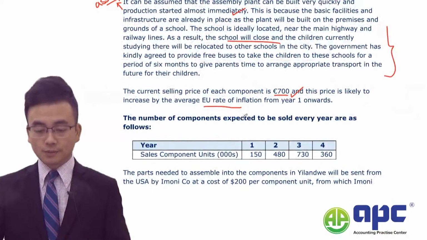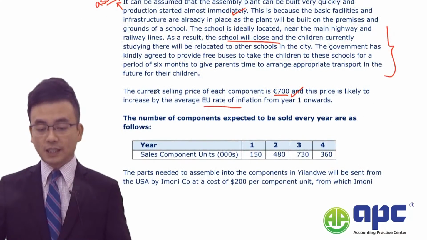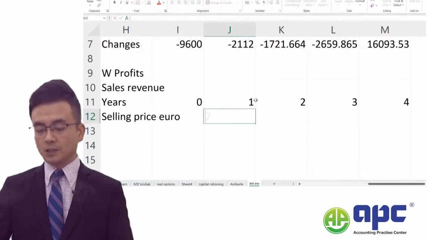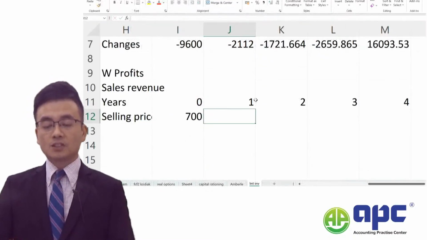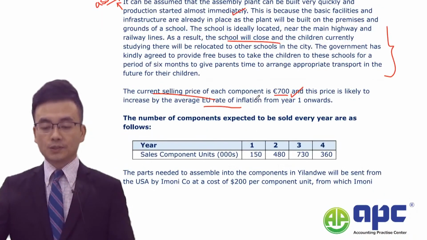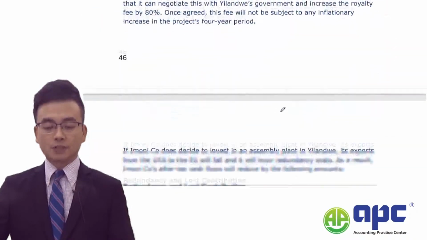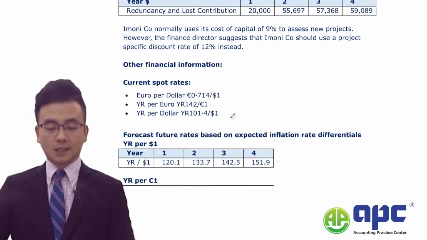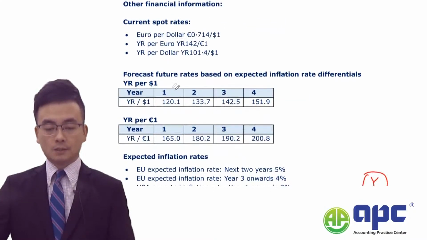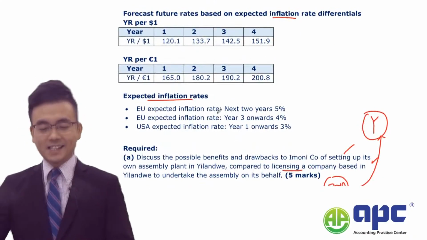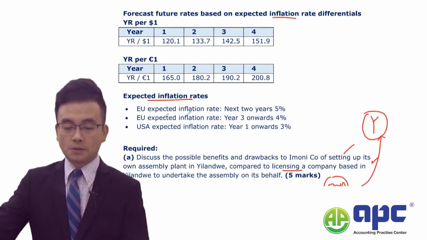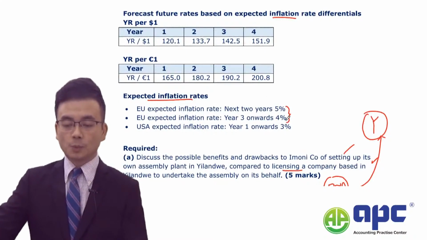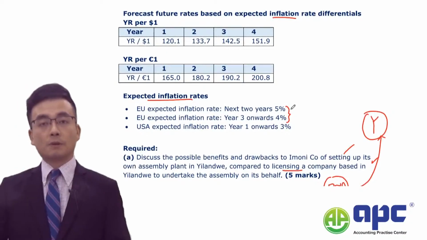But the current selling price of 700 will be from year 0, so from year 1 onwards we apply the EU's inflation rate. On the next page we can see the forecasted inflation rate: the expected inflation rate for the EU for the next 2 years will be 5%, and from year 3 onwards will be 4%.